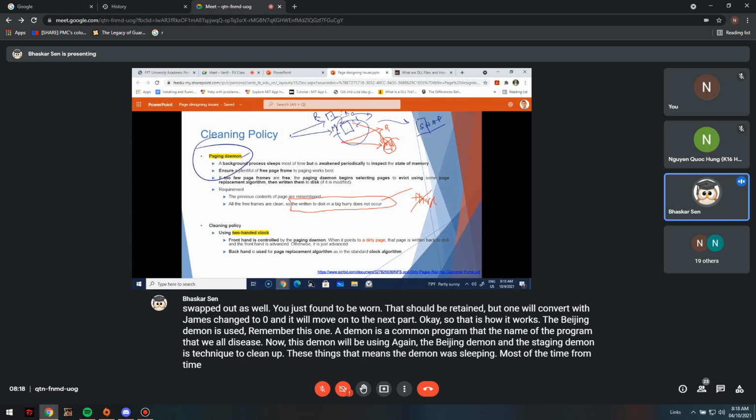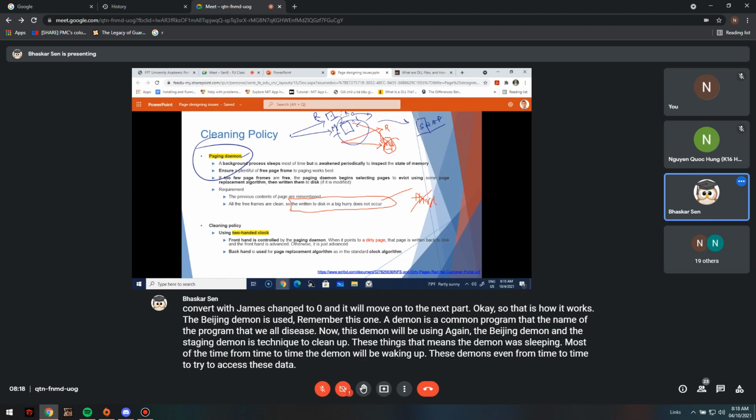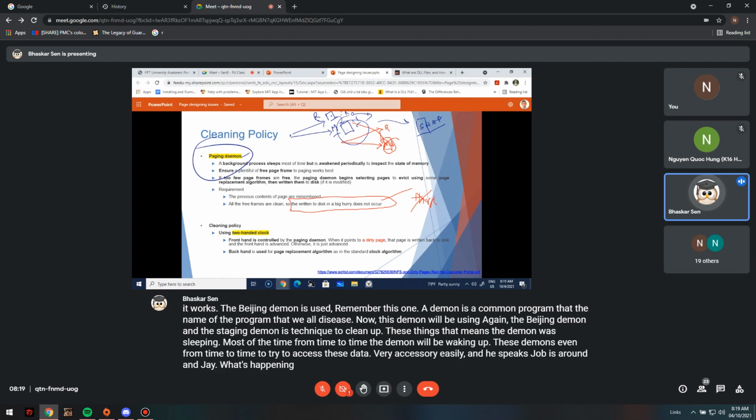From time to time, the daemon will be waking up and trying to access a piece of data, and its basic job is to move around and check what's happening inside the data spaces.